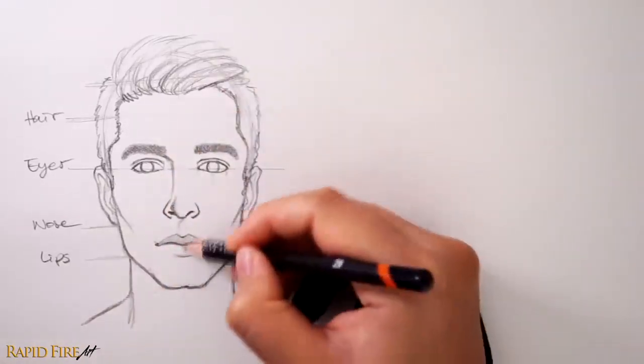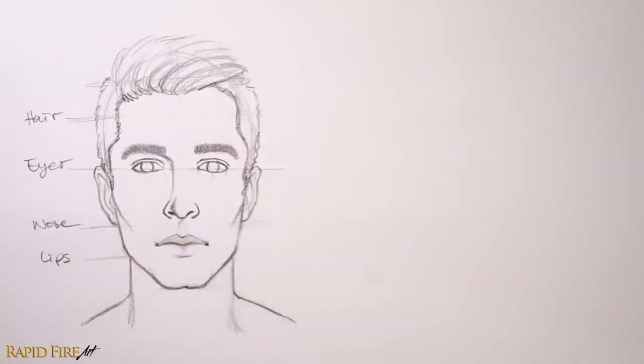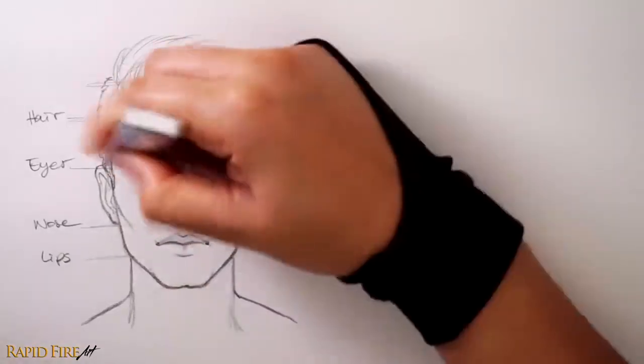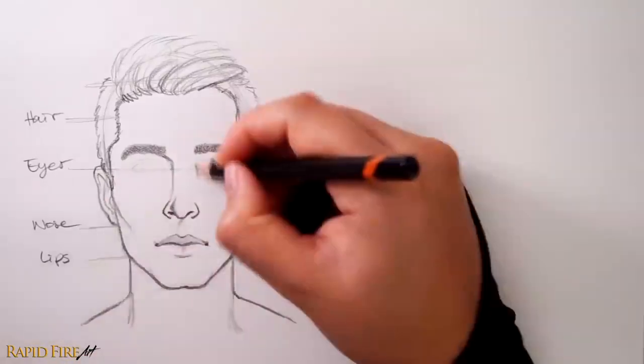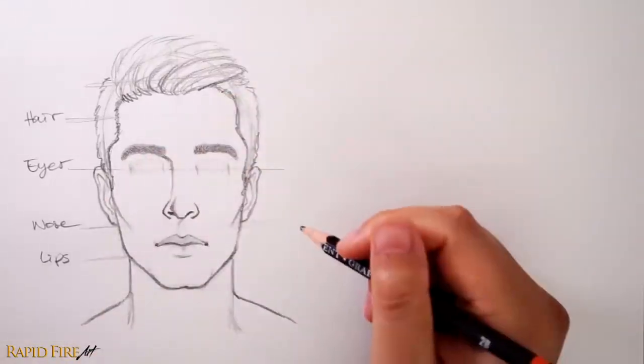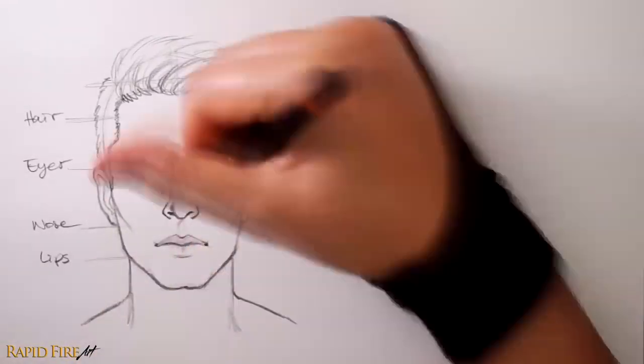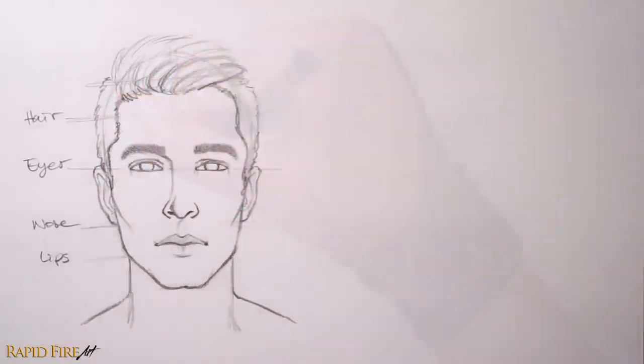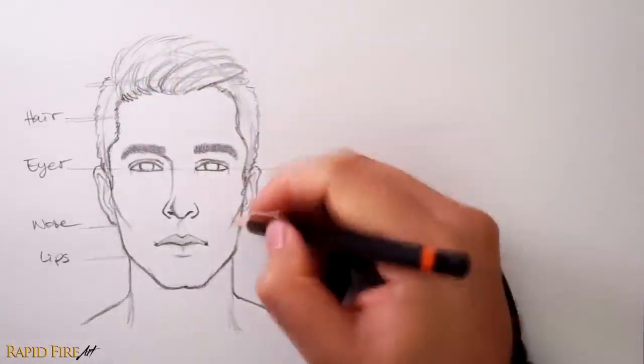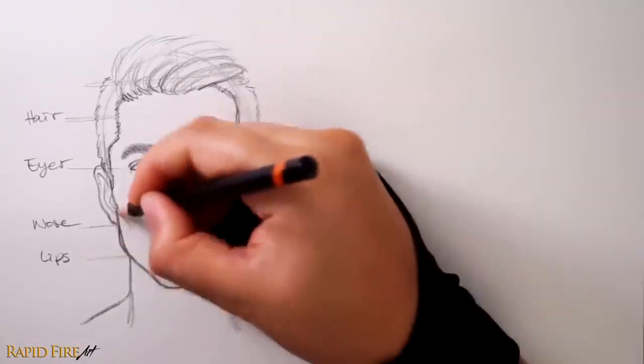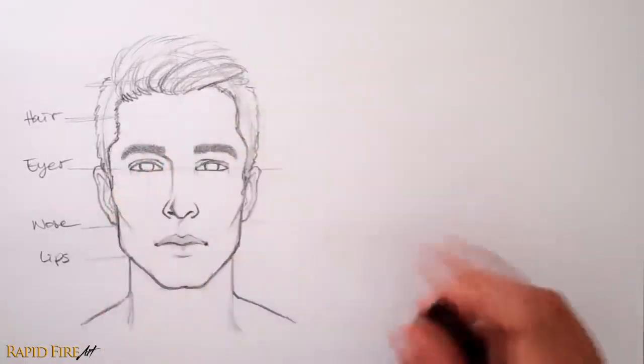If you want your character to look more chill and relaxed, make the eyes narrower so you can see less of the iris. The more visible the iris is, the more alert or intense your character will look. I really like how chill he looks now. Gonna bring that jawline out a little bit.